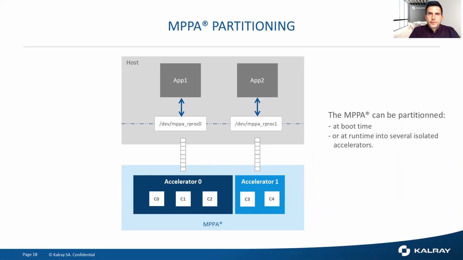One point also that is quite interesting on the MPPA is the possibility to partition the MPPA into several devices. This can be done either at boot time. At boot time, we can basically expose several accelerator devices from the same MPPA. On this diagram, I've shown one accelerator that would be made of 3 clusters, and the second accelerator that would be made of 2 clusters.